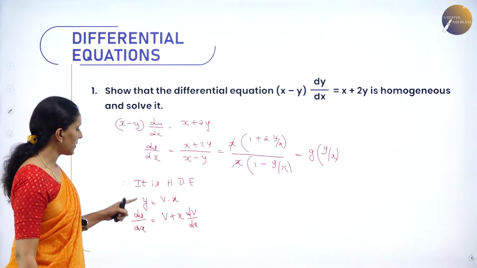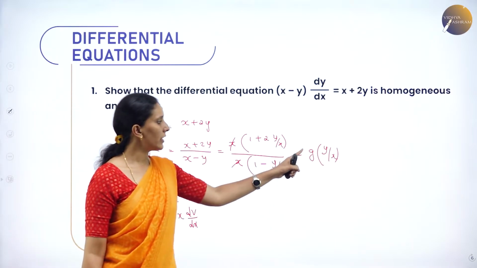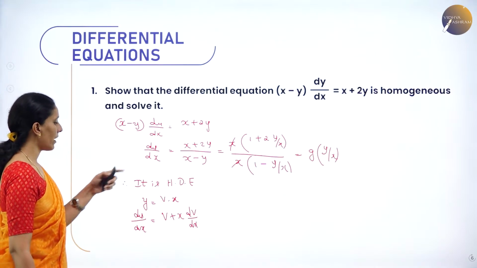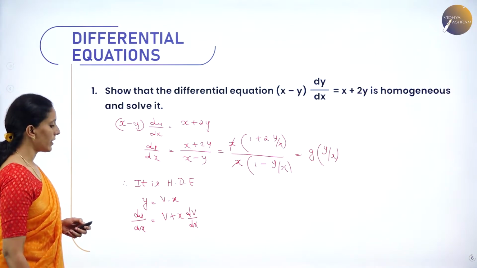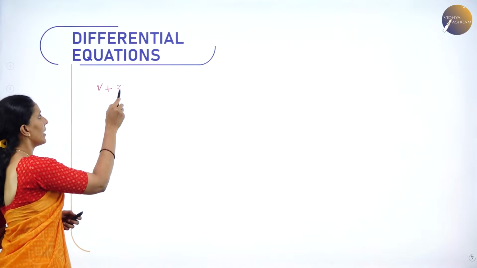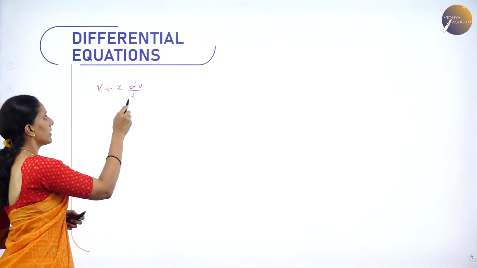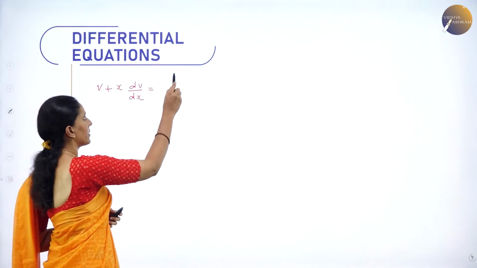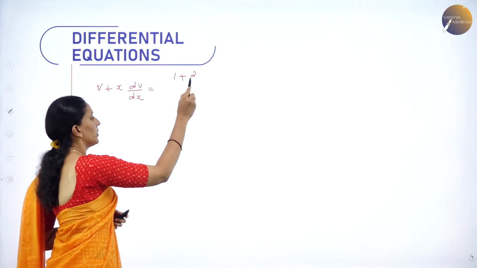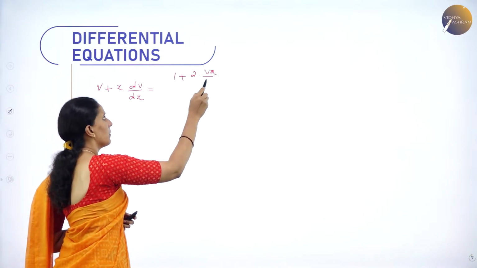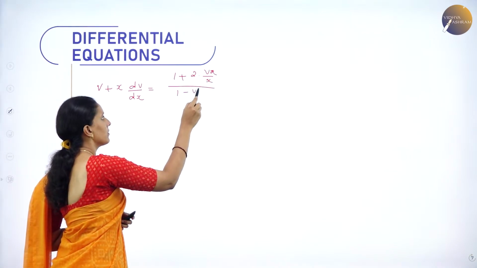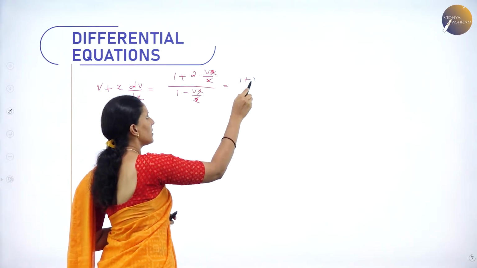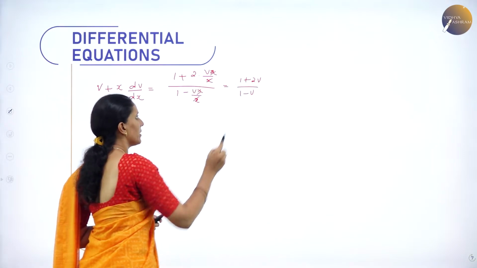So let us make the substitution for these two functions here in 1 plus 2 into y by x over 1 minus y by x. So what happens for dy by dx? dy by dx becomes v plus x into dv by dx is equal to, so what is 1 plus 2 y by x? It becomes 1 plus 2 into y is vx by x, and here 1 minus vx by x. x cancels here, so we will get it as 1 plus 2v divided by 1 minus v.